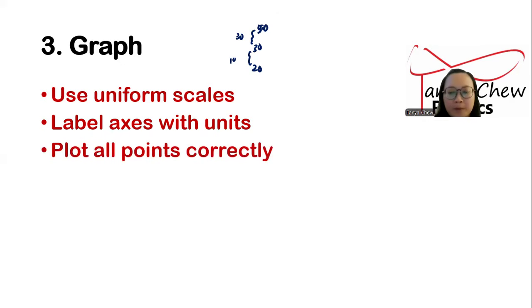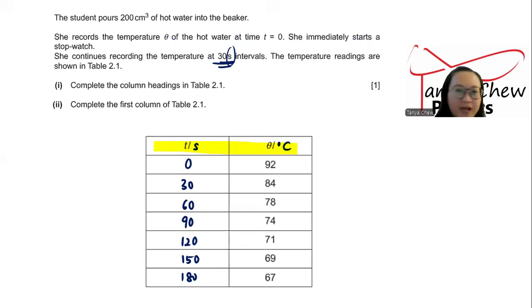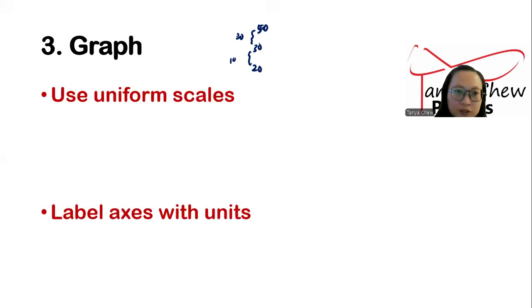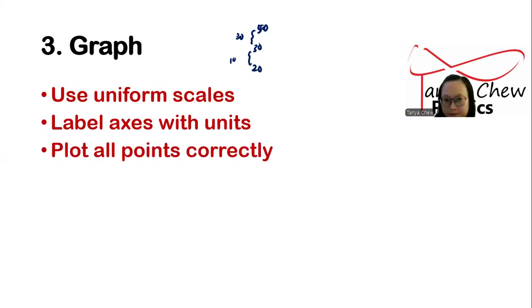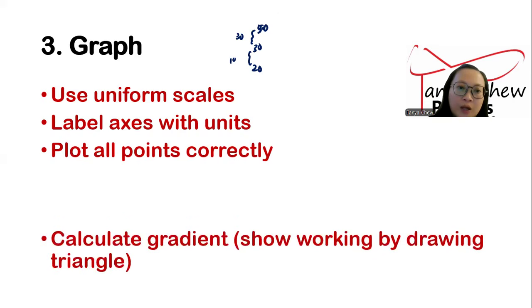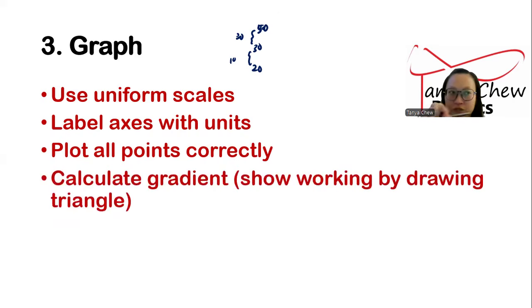And make sure that every point on the table here must be plotted, must be moved to the graph. You get what I'm trying to say? Plot all the points correctly on the graph, because the examiner will definitely check whether your points are plotted correctly. 1 point wrong, I'm sorry, the whole mark will be deducted for the plotting part.